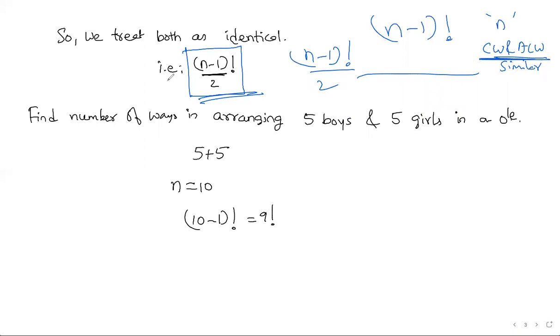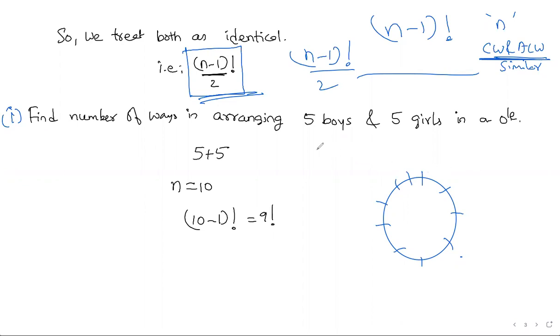Okay. So now we'll see an example. Suppose there are 5 boys and 5 girls and we have to seat them in a circle. So let us consider this is the circle. There are 5 boys and 5 girls and there are 10 seats: 1, 2, 3, 4, 5, 6, 7, 8, 9, 10.